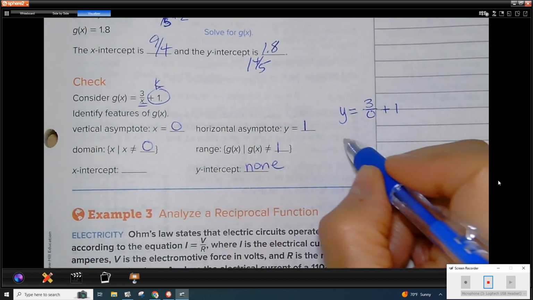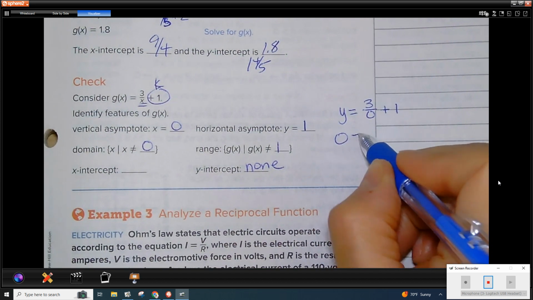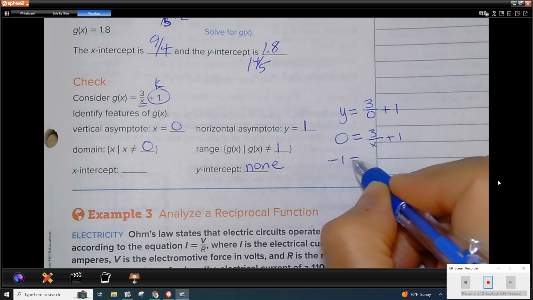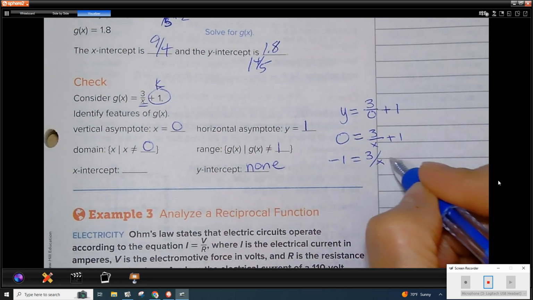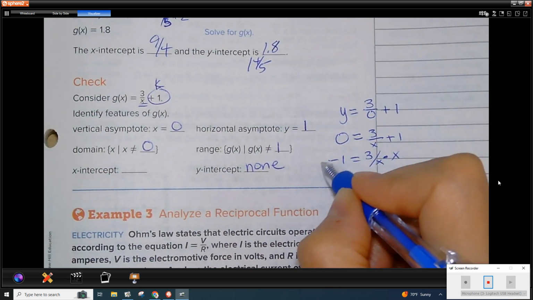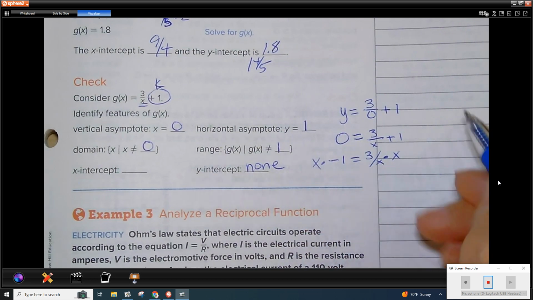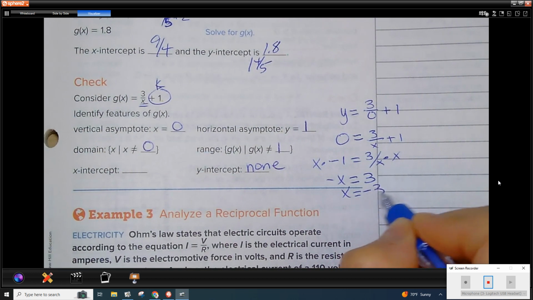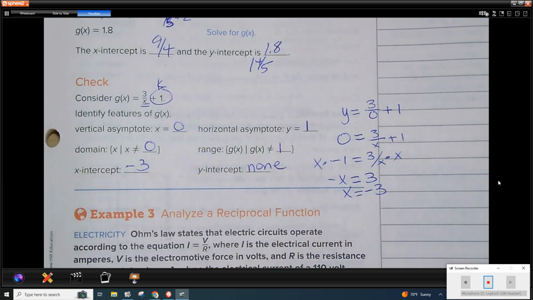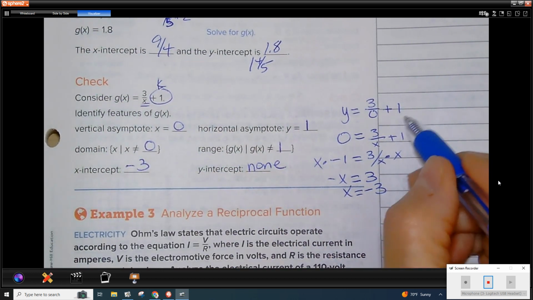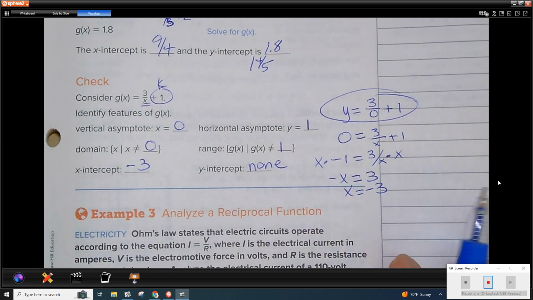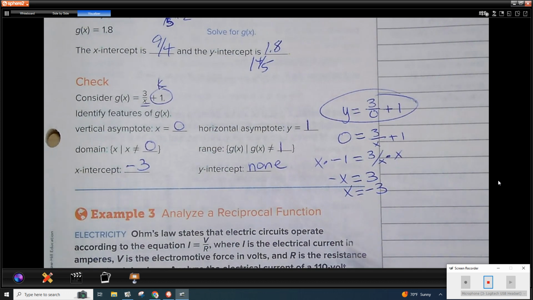Now if we put 0 for y to find the x-intercept, get negative 1 equals 3 over x. We'll multiply both sides by x, or you could think of it cross-multiplying. Negative x equals 3, x equals negative 3. Okay, so there is no y-intercept because this does not exist. I mean y-intercept, I'm sorry.